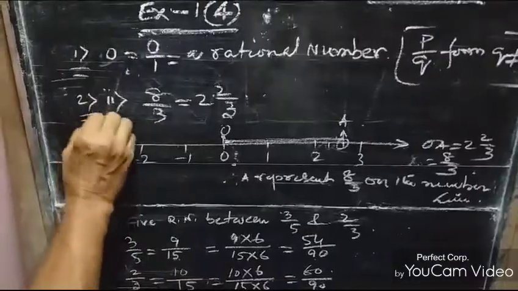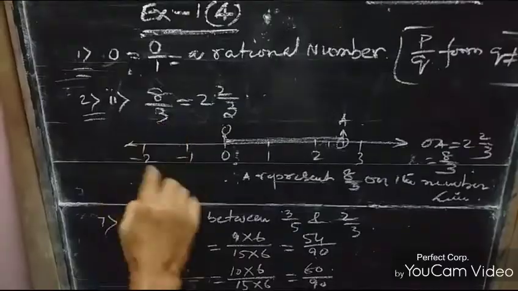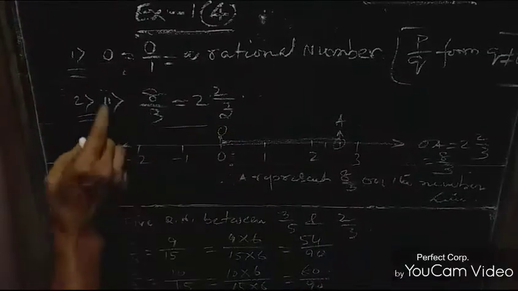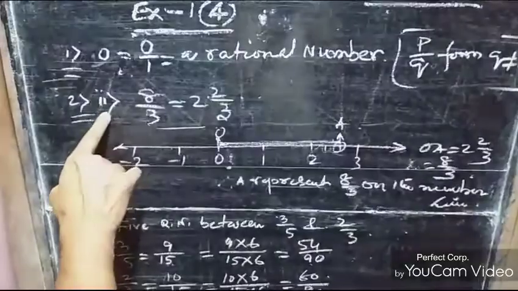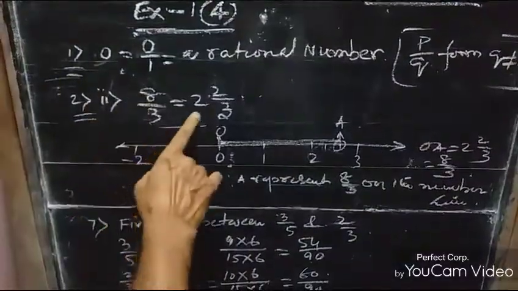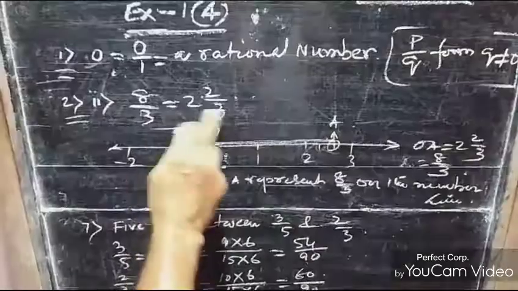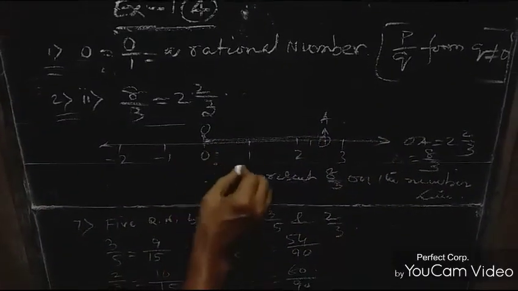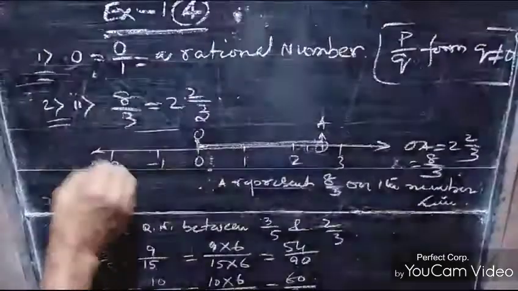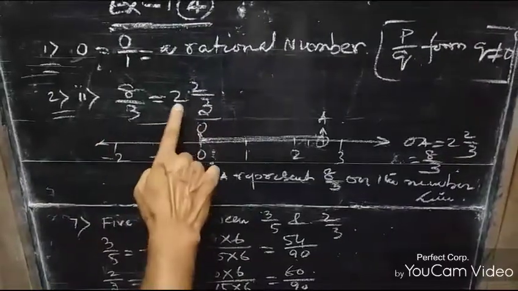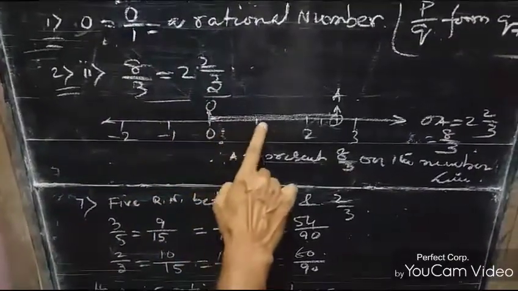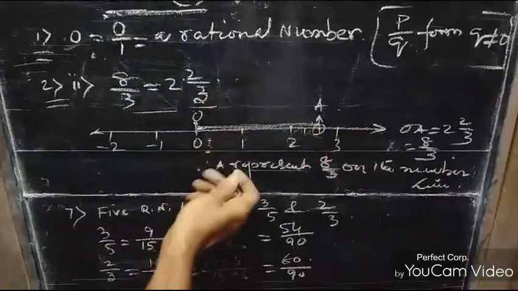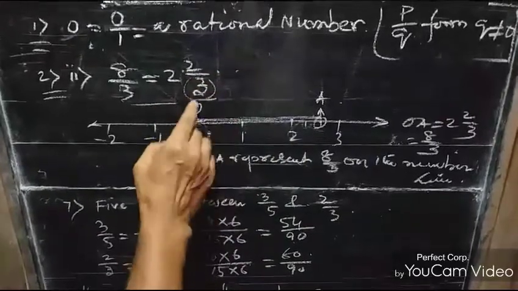Next, you have to show 8 by 3 on the number line. You have already learned that one. I am showing one problem from here, that is number 2. 8 by 3 can be expressed as the mixed fraction 2 whole 2 by 3. Now this is the number line: 0, 1, 2 and 3, and minus 1, minus 2. 2 is the integer part, and the third part, from 2 to 3, will be divided into 3 parts because the denominator is 3.